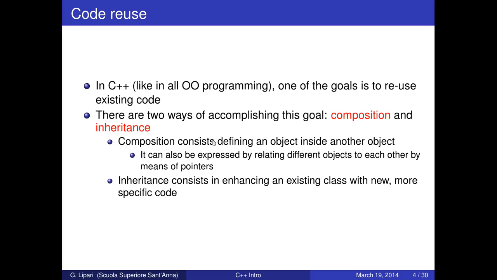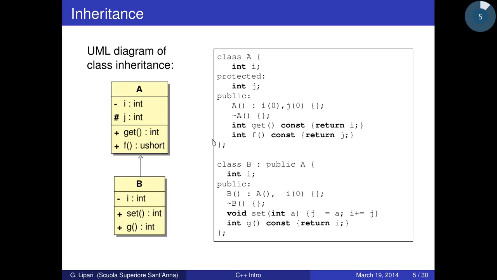Inheritance instead means I take something existing and I turn this existing class into another one by adding new and more specific code. So inheritance is a sort of transformation of something that already exists into something else, while composition is just one object uses another one.